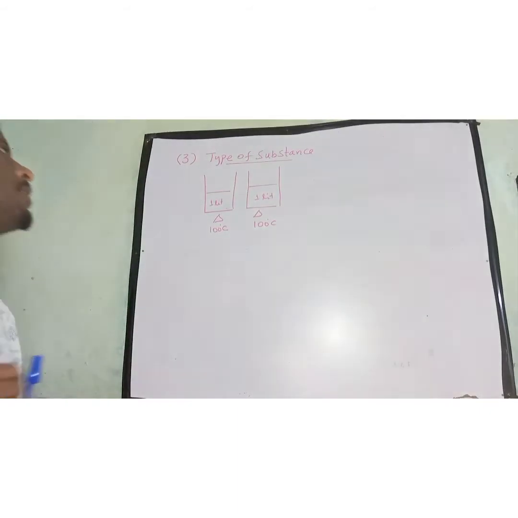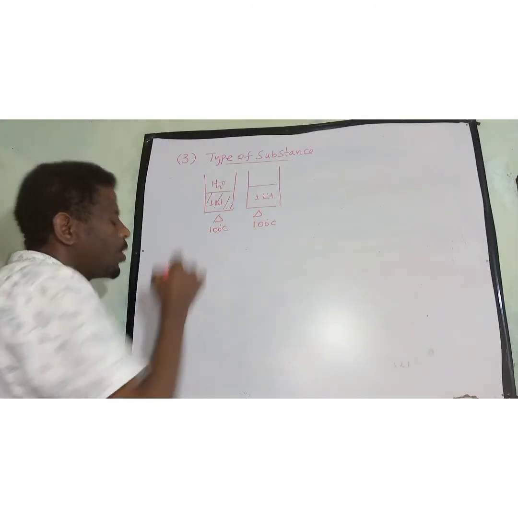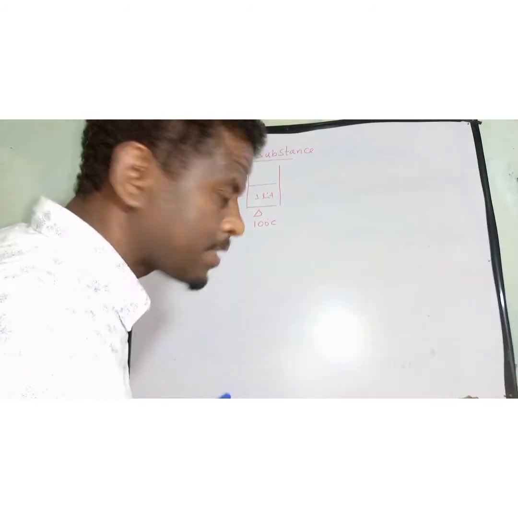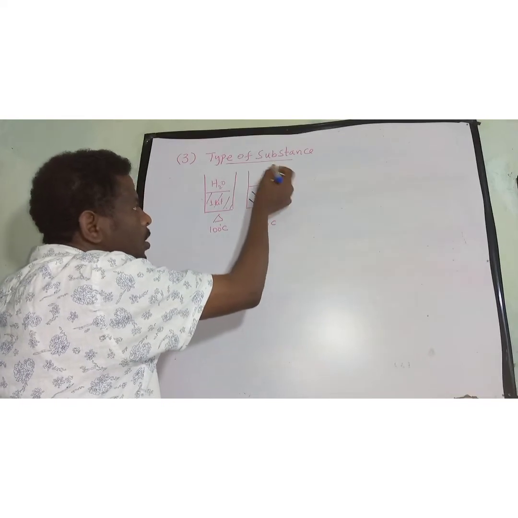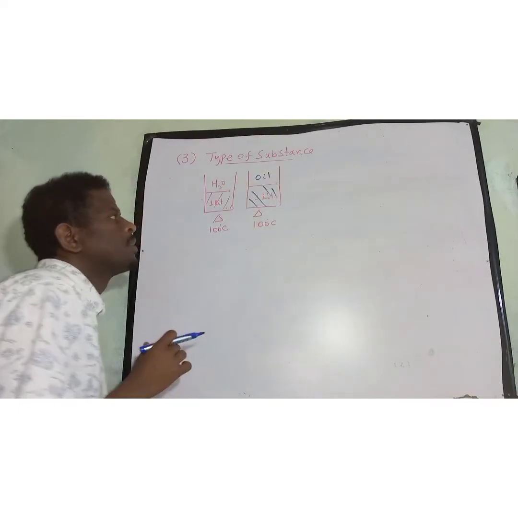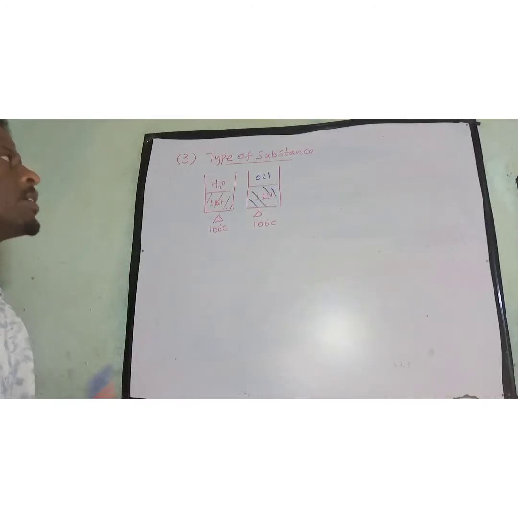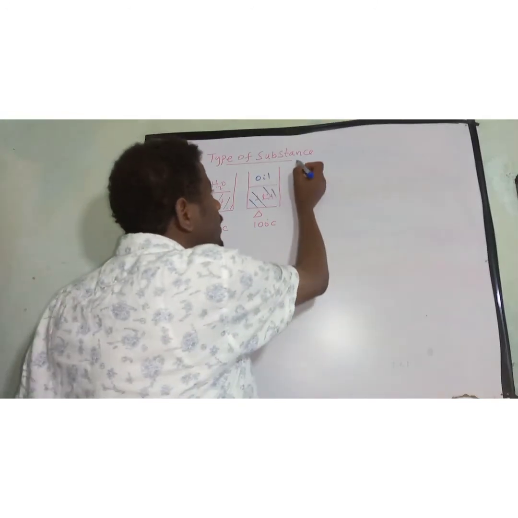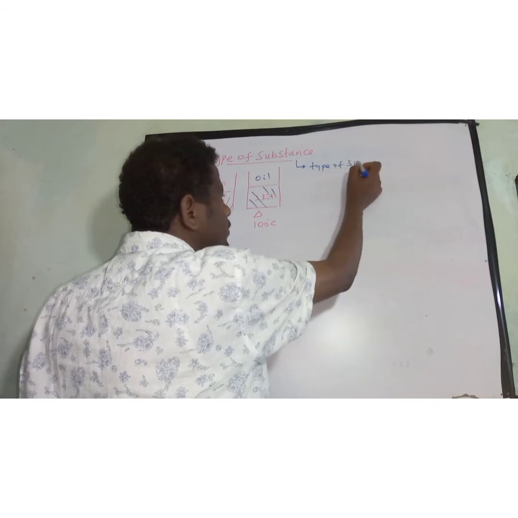But if the first one is water, H2O, and the second one is a different substance, say oil, with the same mass and the same temperature, a different substance will take different heat. So quantity of heat depends on type of substance.